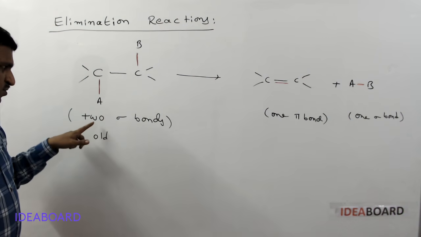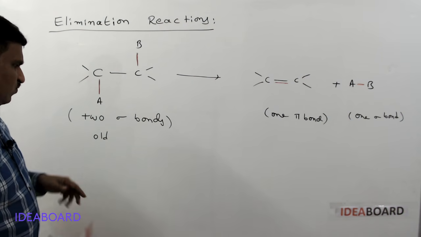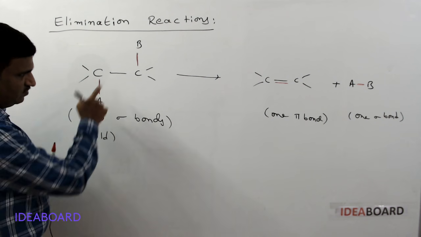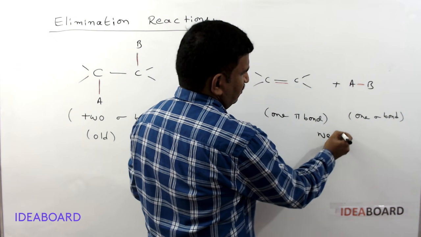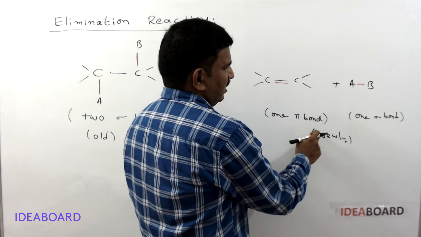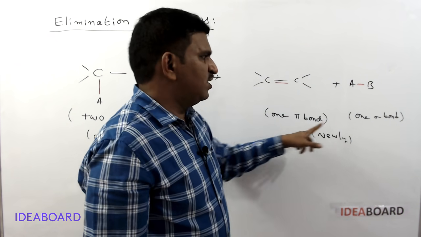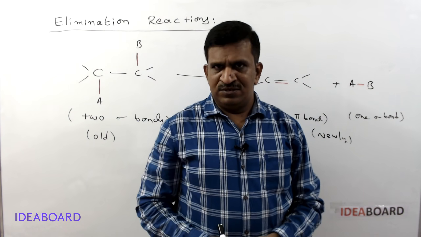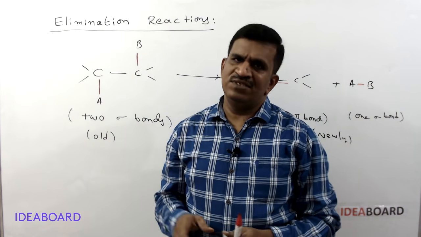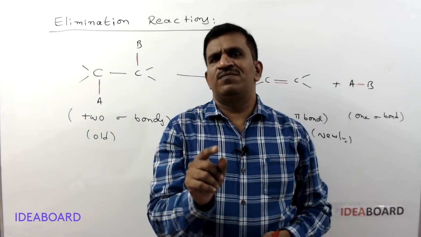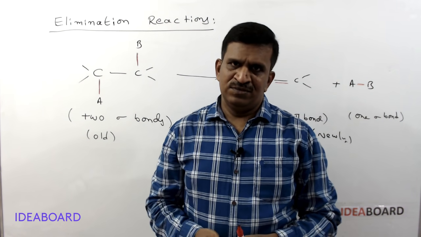But here 2 sigma bonds were present in the reactant, and newly only one pi bond and one sigma bond are formed. Which is the stronger bond, sigma or pi? Obviously, sigma bonds are stronger than pi bonds.